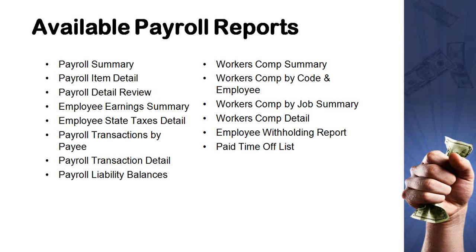You have your payroll transaction detail, payroll liability balances, which is very handy. Then, if you've turned on workers' comp, you can get workers' comp summaries, workers' comp by code and employee, workers' comp by job summary, employee withholding report, and then of course you can get your paid time off list. Next.